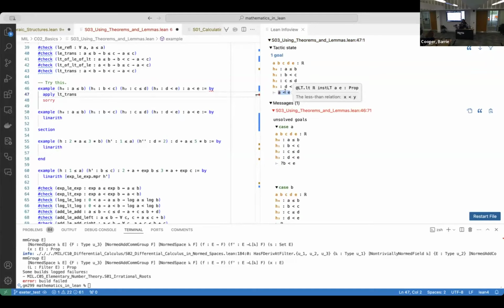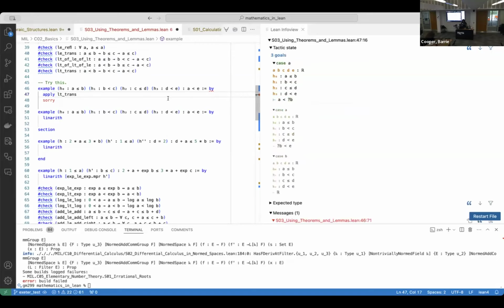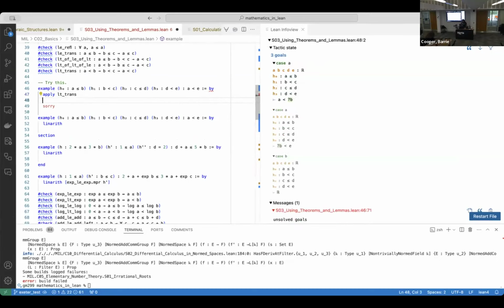Then it introduces new goals to match the hypotheses, the arguments of that theorem. So we can see two new goals. We need to prove A is less than question mark B, because it doesn't know what B is, it's just some new variable. A is less than something, and we want to prove something is less than E. And if you want to separate out goals in Lean 4, you can use this dot.